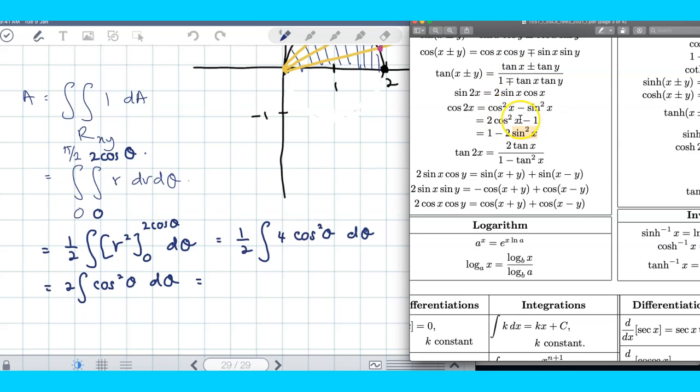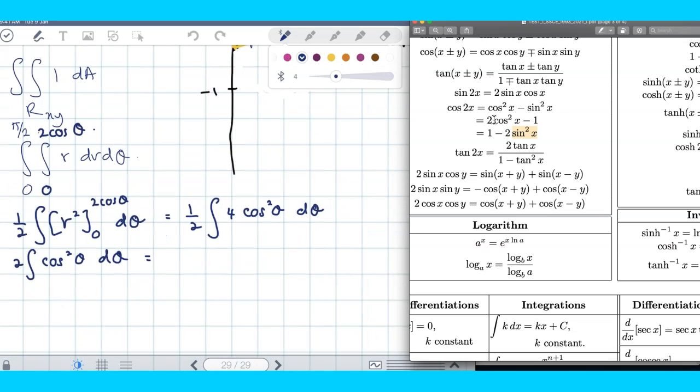So you need to replace this one. You have to use this, okay? I'm sure that you cannot see that clearly. So you use cos 2 theta equal to 2 cos squared theta minus 1.